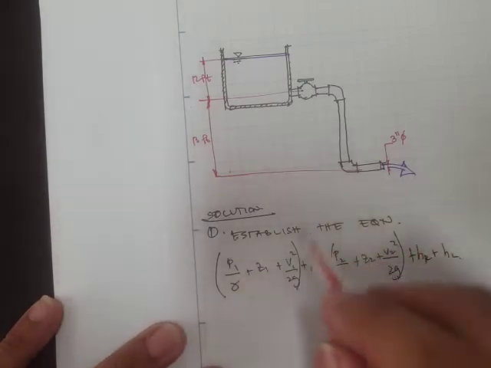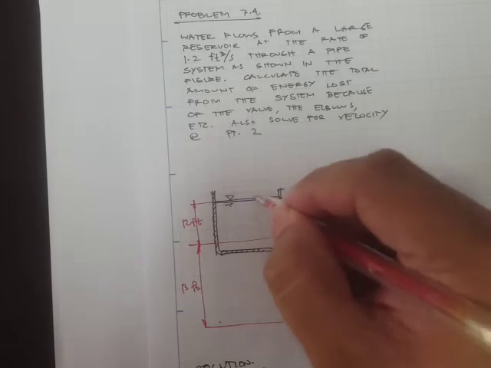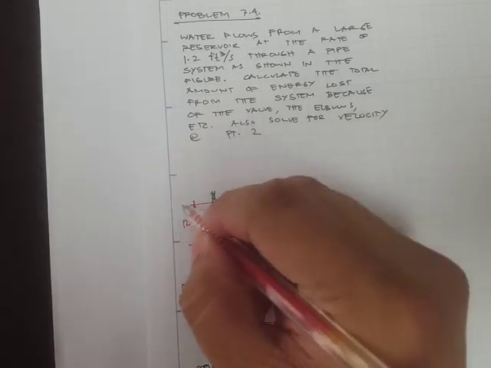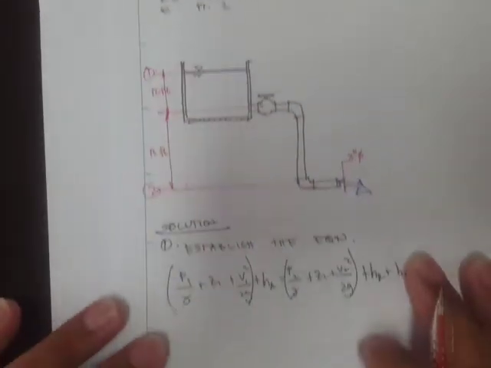Okay, so for our pressure head, that's established, by the way, at our point 1. So this will be our point 1, and then this will be our point 2.